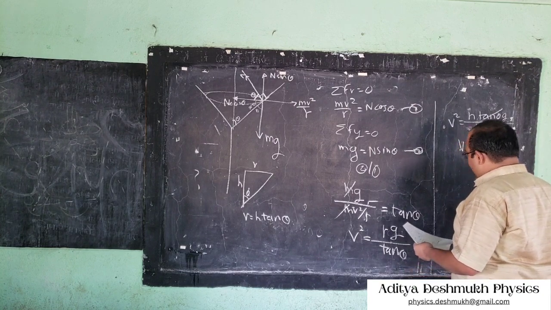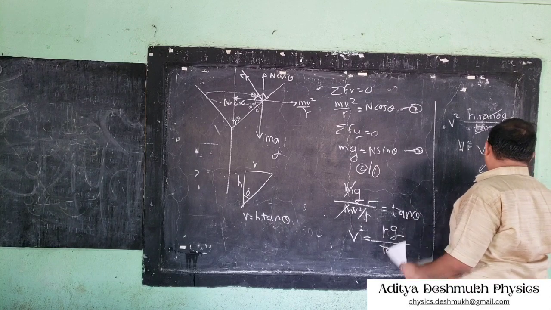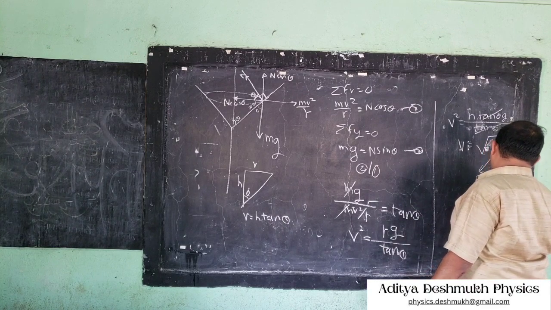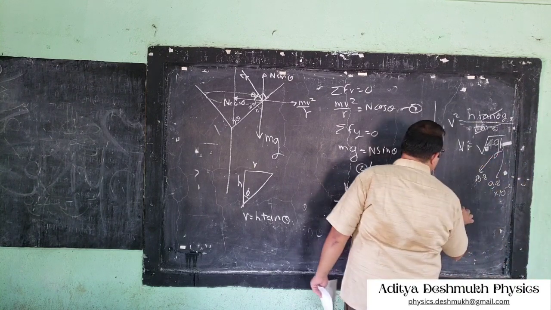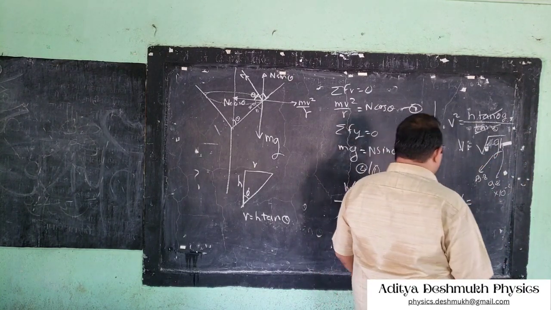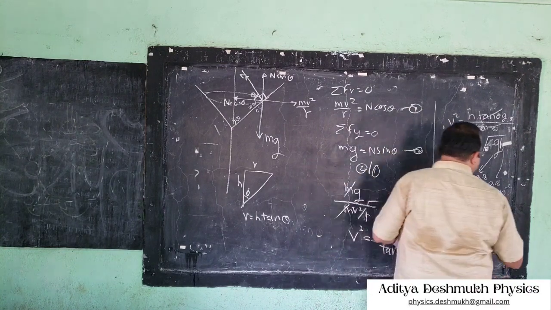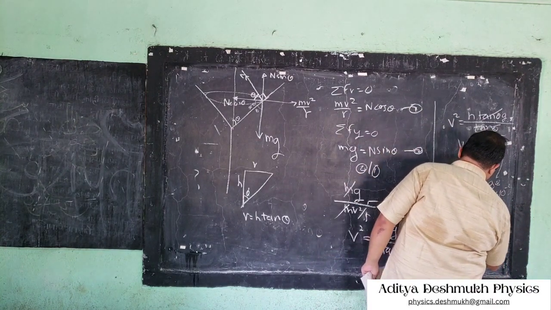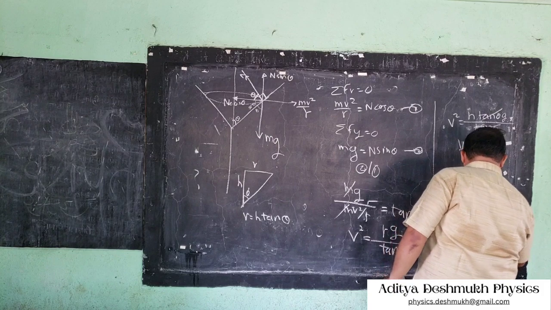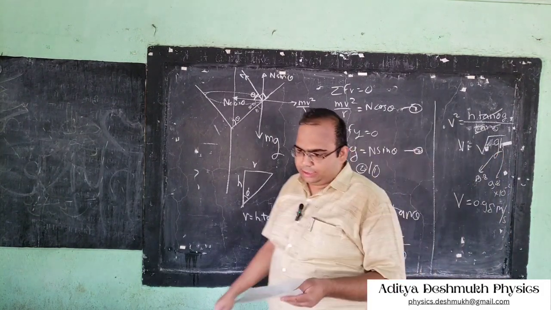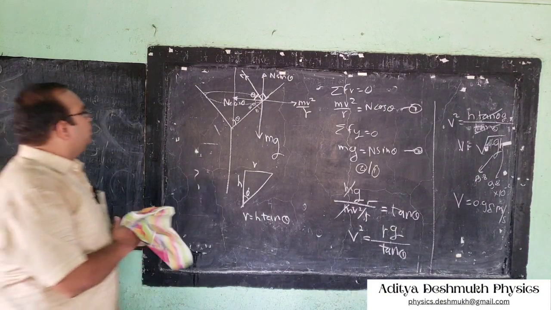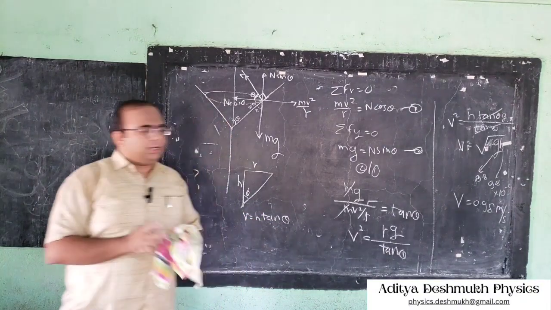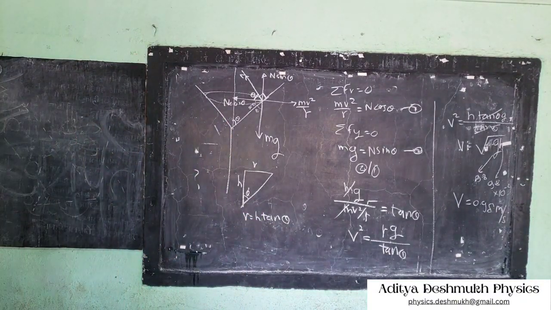Put the value of g 9.8, and h is 9.8 into 10 raised to minus 2. So your answer will be v equal to 9.8 into 10 raised to minus 1, which will be equal to 0.98 meter per second. Sorry for the mistake, but I corrected it. So now this is the correct answer.